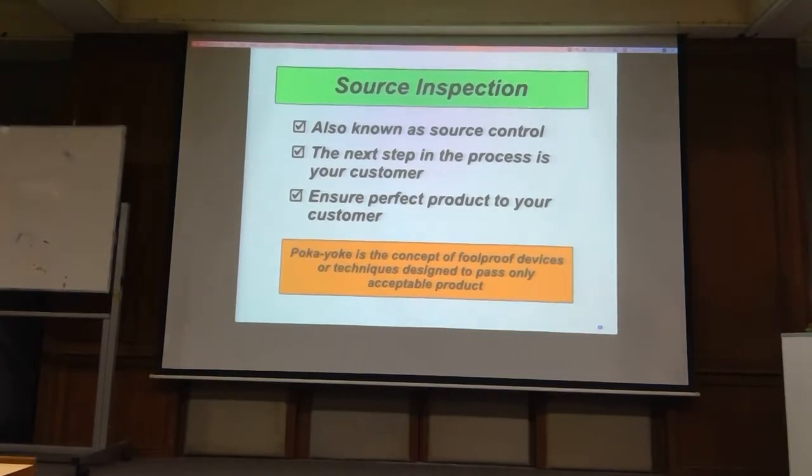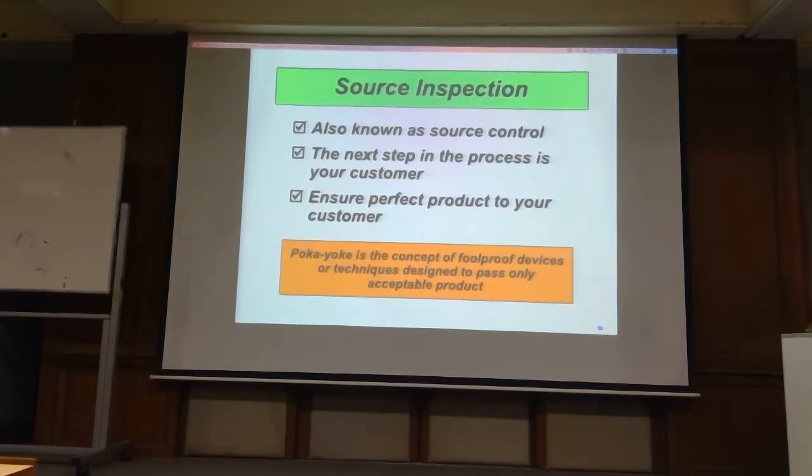So poka-yoke is quite important in production. We still need to have it, but it doesn't mean that every point needs inspection. But at some critical points, sometimes you need a poka-yoke, right? Poka-yoke is the process where you try to prevent the mistake that's going to happen.